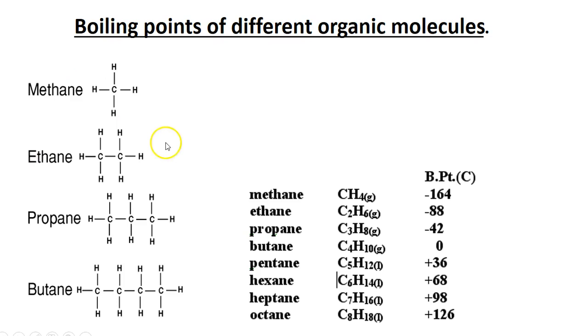So boiling points. If we look at these, these are all hydrocarbons, so all non-polar molecules. The difference in electronegativity between the carbon and the hydrogen is not much, so they basically share their electrons evenly. So you can see the boiling point for methane, it turns from a liquid to a gas at minus 164.